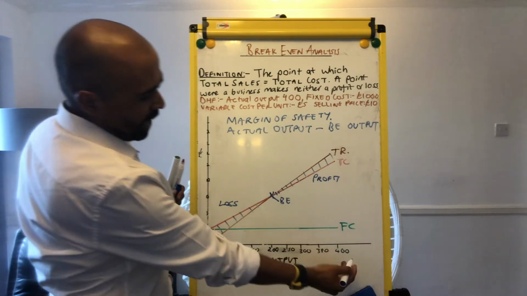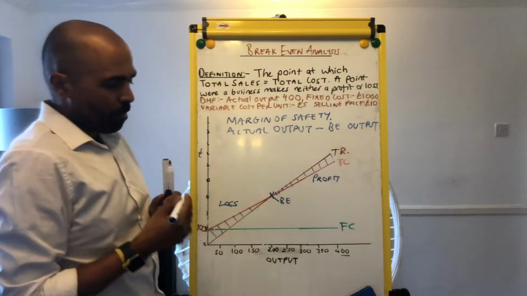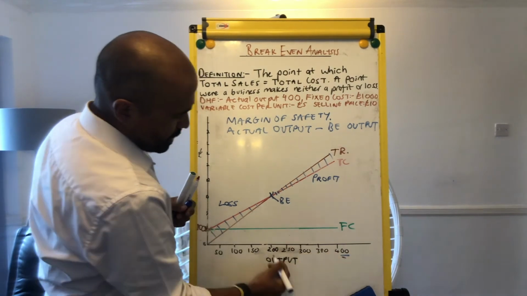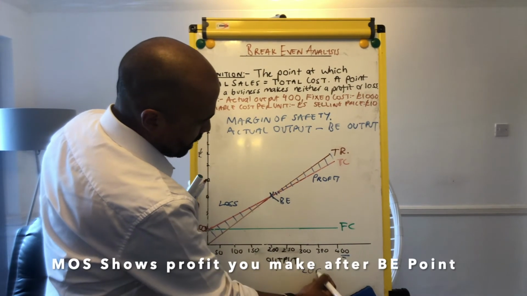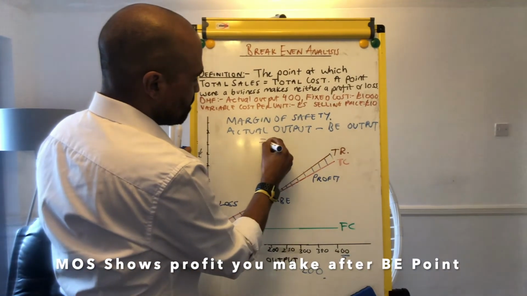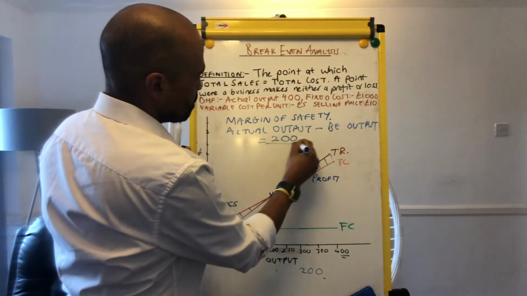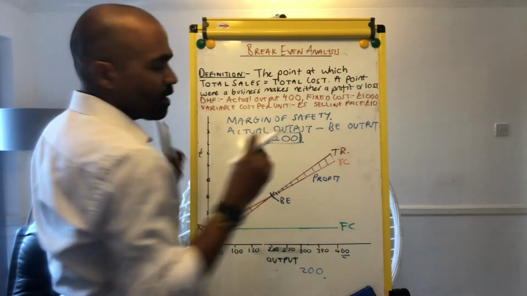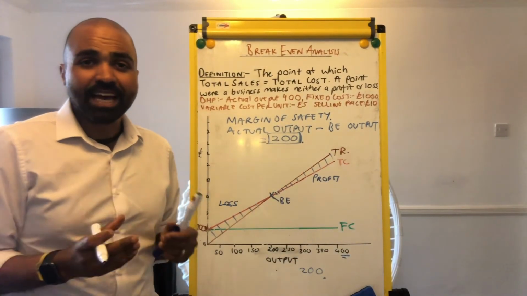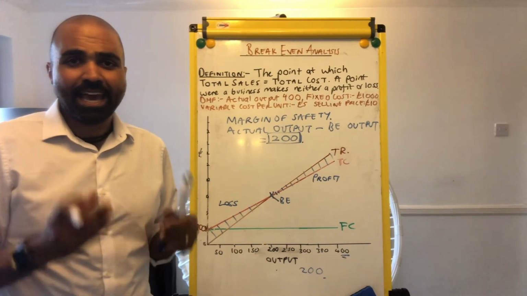So our actual output is 400 and our break-even output is 200. So it's 400 take away 200, which gives you 200. So our margin of safety is 200. That's our area of safety, that 200 buffer zone. So that is break even in a graph.